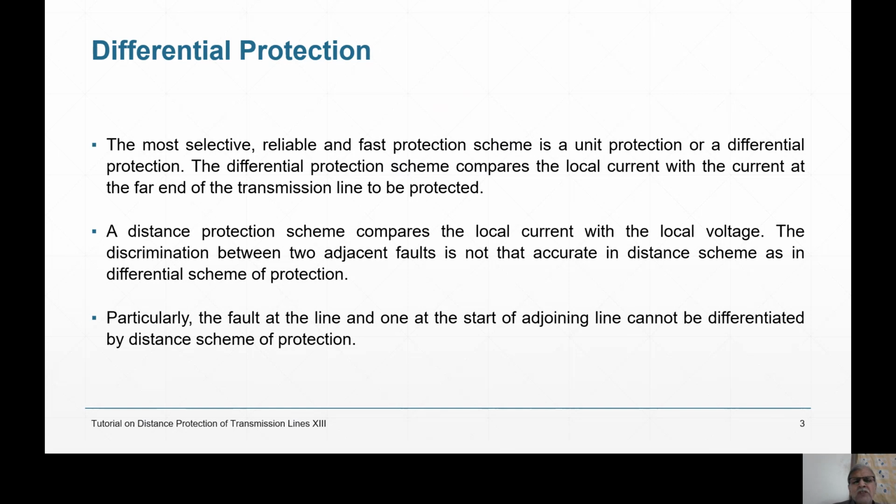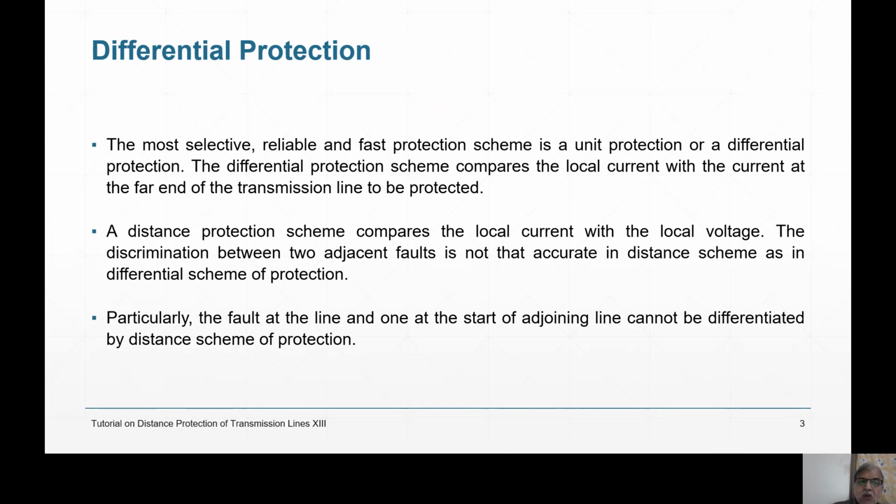It is so accurate. You see, no non-unit scheme, that is overcurrent earth fault or distance scheme, is this accurate. I mean, 10% inaccuracy is there. Here there is no inaccuracy. Very accurate scheme.